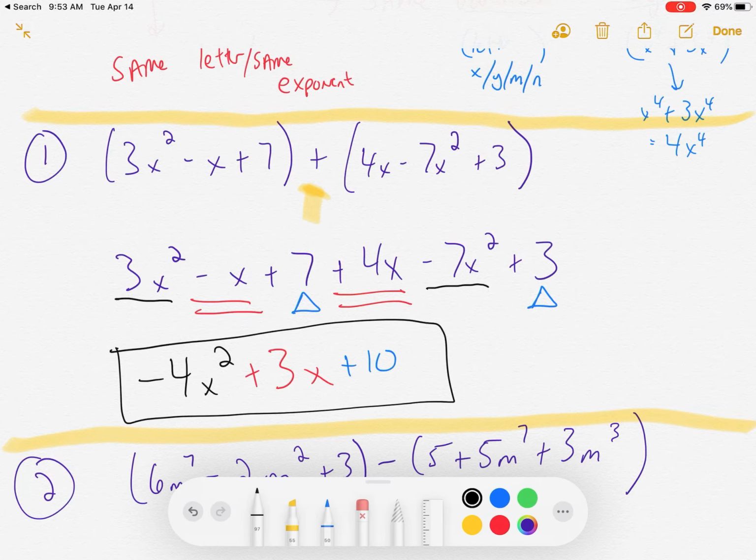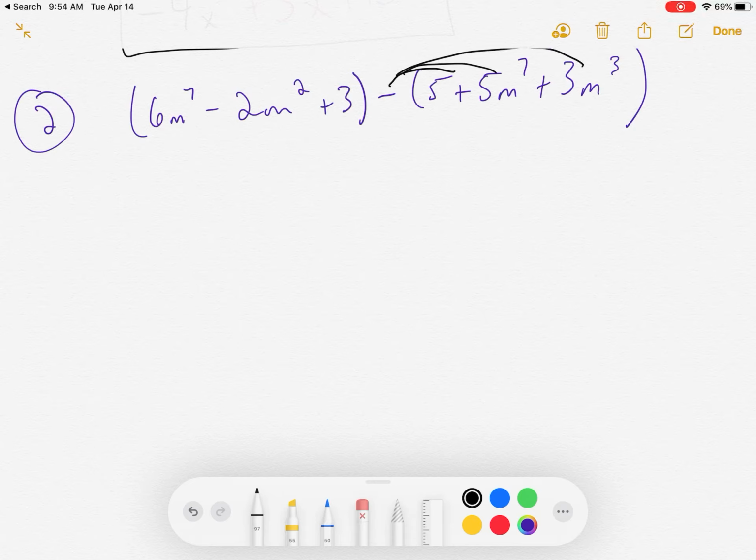Number 2, if you notice, this one doesn't have a plus sign. This one has a minus sign. So what we need to do now is distribute my negative through. So this is going to go to here, here, and here. Now the first one just stays the same. So I'm going to rewrite the first one just without parentheses now. 6m to the 7th minus 2m squared plus 3.